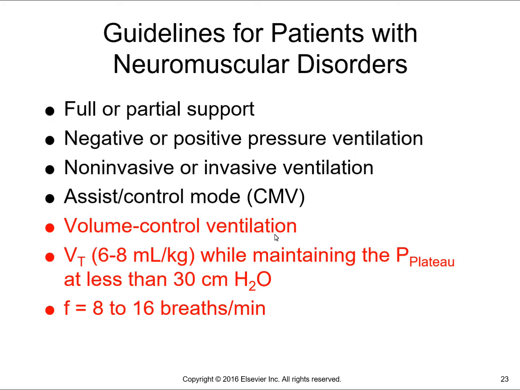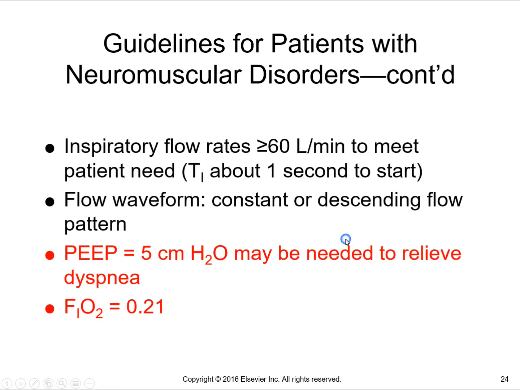Right, so we're going to put them on volume control. We're going to put them on a tidal volume of 6 to 8, and we're going to maintain that plateau pressure less than 30. And again, our frequency is going to be 8 to 16. All right, because a normal breath rate is 12 to 20, so it's okay to drop them down to 8, which by definition is partial ventilatory support, depending on where the paralysis is.